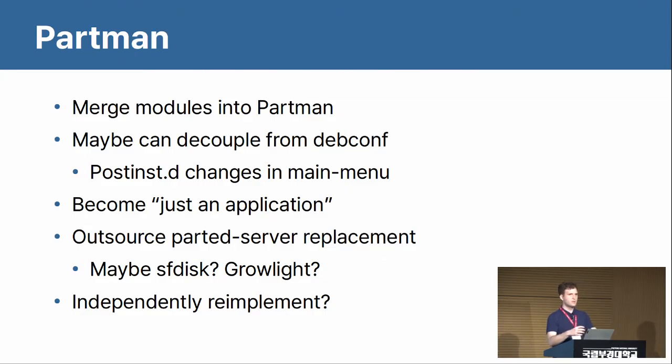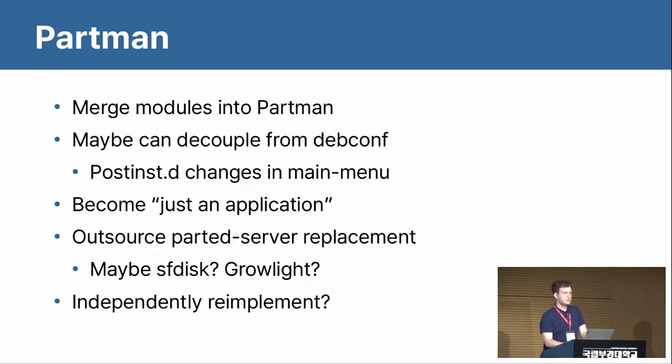We could migrate that away from DebConf into something more palatable, and then we can try to partially rewrite DebConf things out of Partman to make it simpler, and at that point it can turn into a non-DebConf, non-UI application that handles partitioning that can be run in another system.